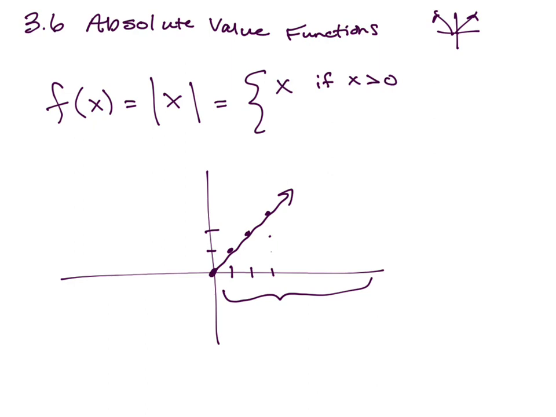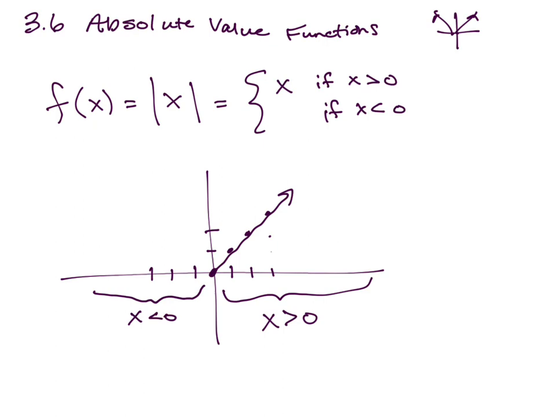This is the place where x is greater than 0. What do we graph on the left side, if x is less than 0? So over here, what's the function? Negative x.